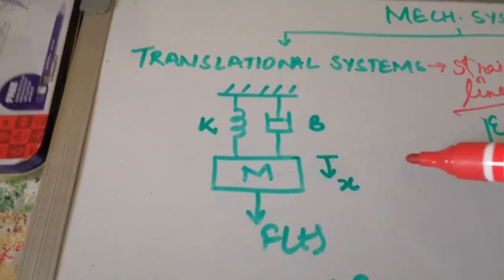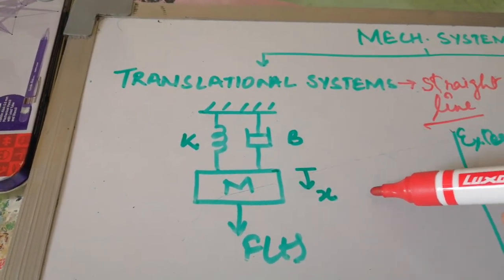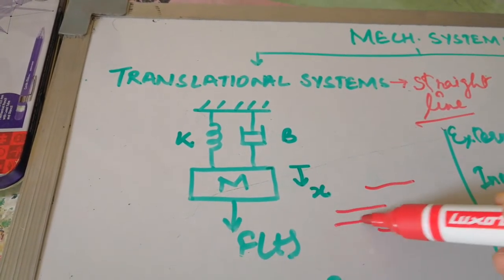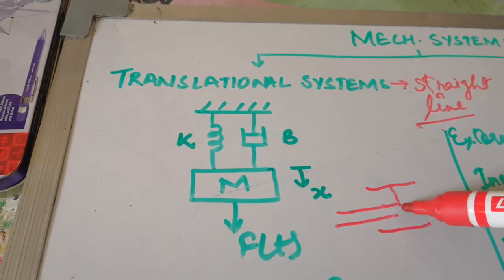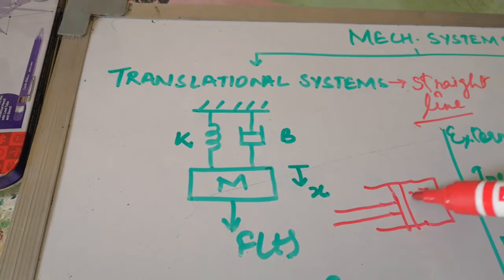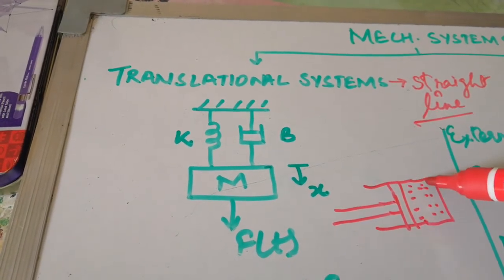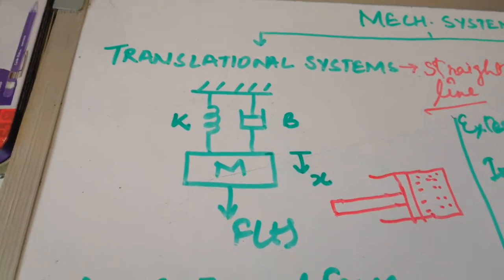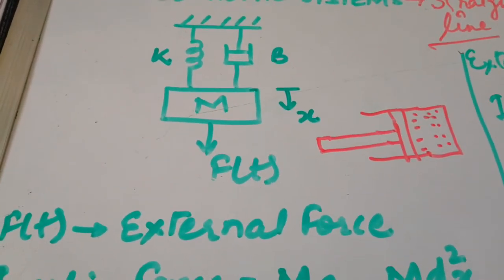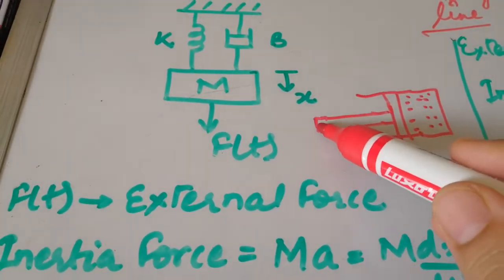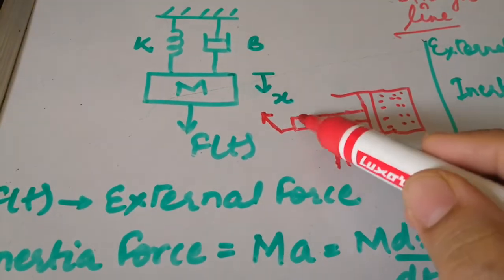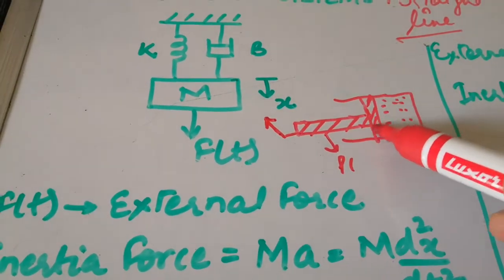You all have learnt in electric and electronic circuits that when we have to deal with damping of the motion of the needles in ammeters or voltmeters or any other equipment, what we do is we tie the needle to this piston.